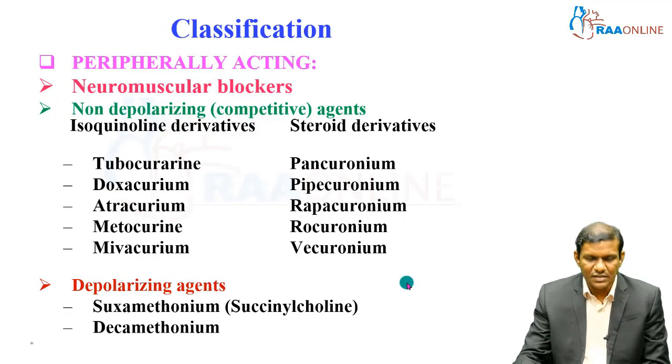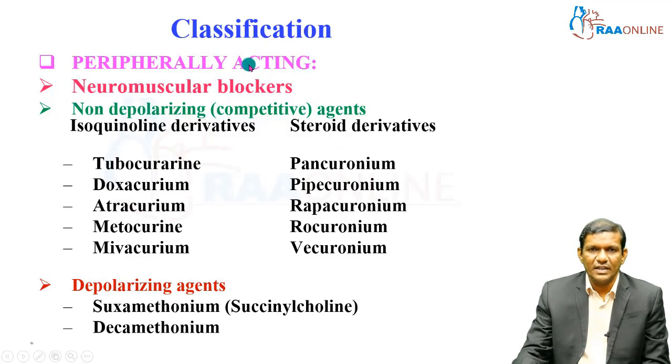Coming to the classification, we can classify skeletal muscle relaxants into peripherally acting, which can be divided into neuromuscular blockers, and these are again divided into two types: non-depolarizing agents and depolarizing agents.